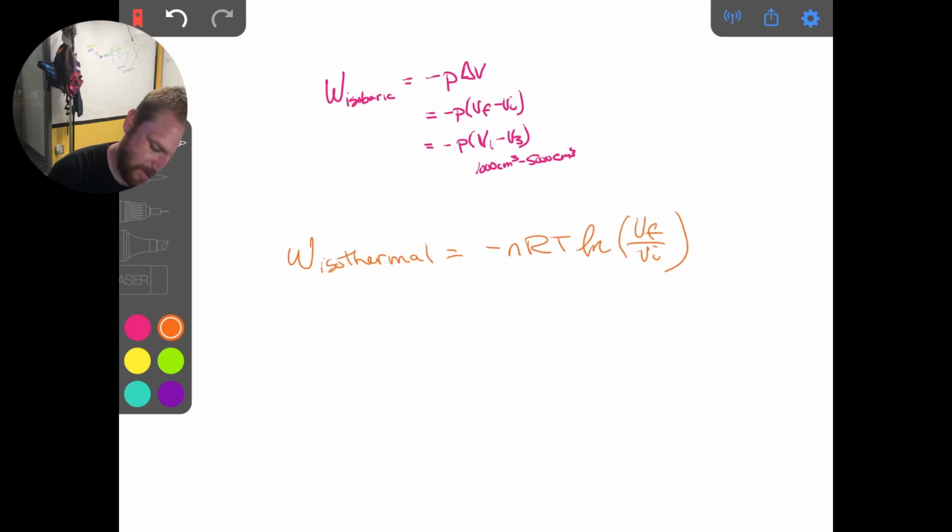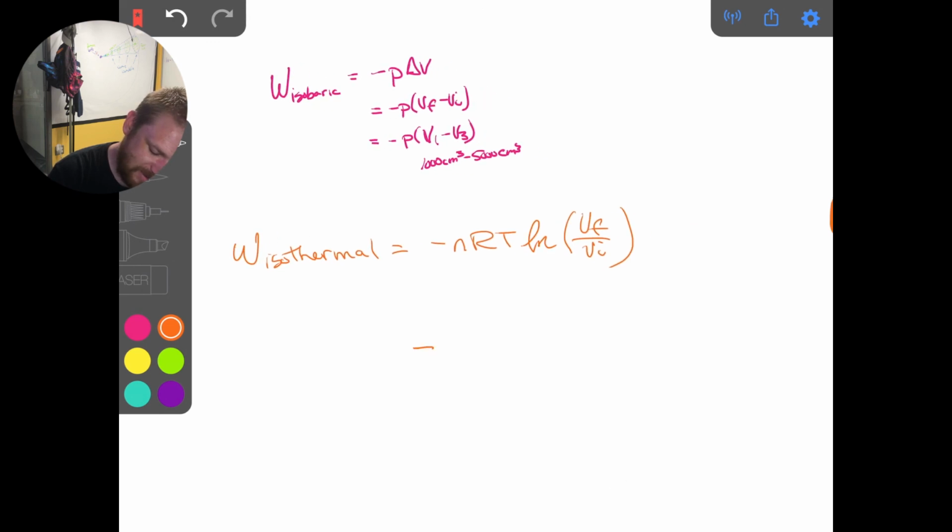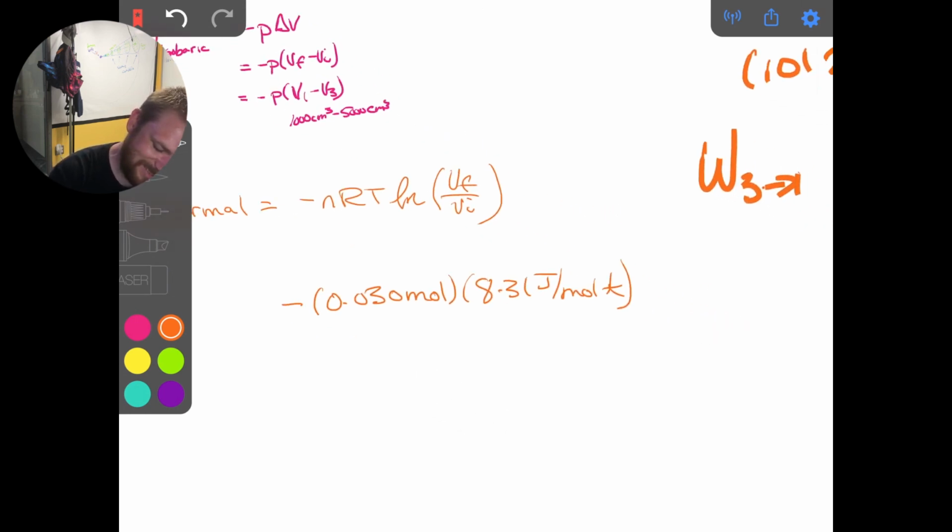And so the final volume is state 3, which is at the bottom of the hill. So that's going to be our 1,000 cubic centimeters. And we're going to have our 5,000 cubic centimeters for the initial. So this is going to be equal to minus 0.030 moles times R, which is 8.31 joules per mole Kelvin, times T, which is constant at 2030 along that isotherm.